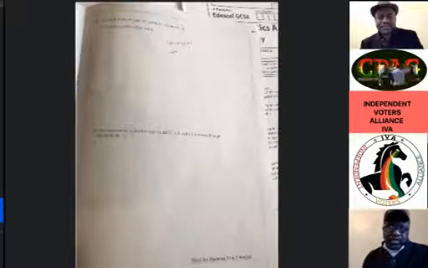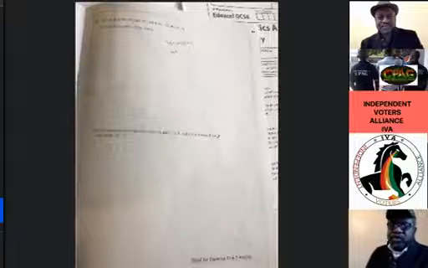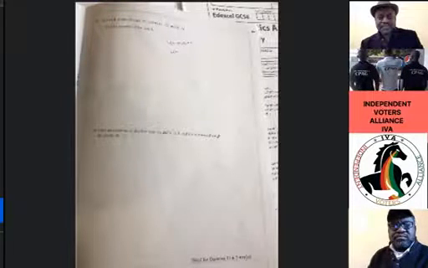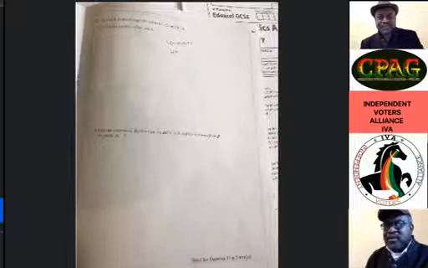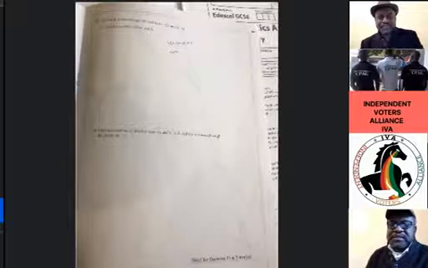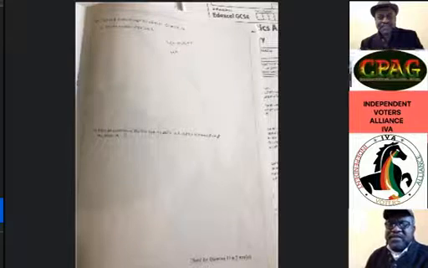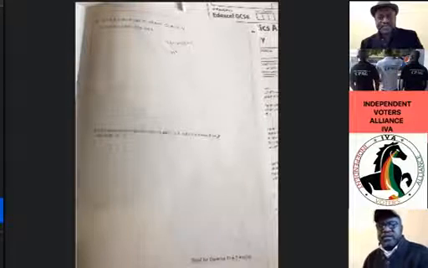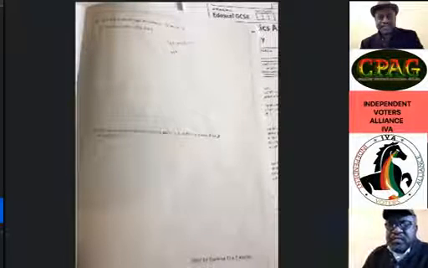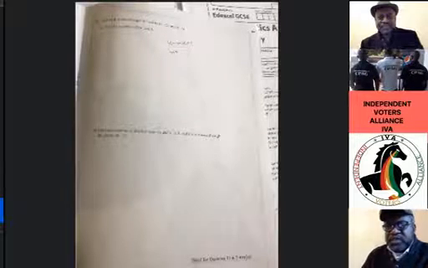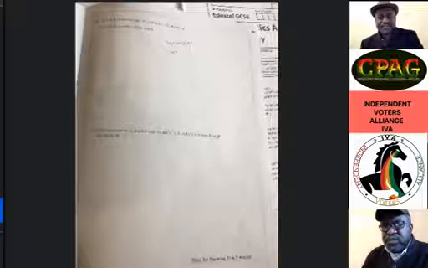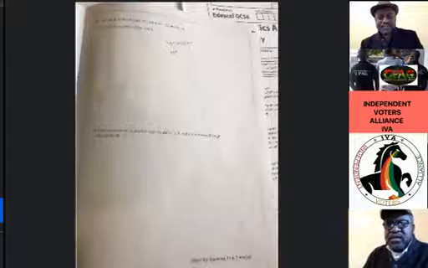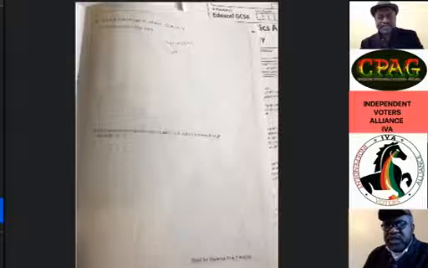Let me read the question quickly, then we will delve into the fundamentals of getting this y is equal to mx plus c equation. The question says: a line L passes through the points with coordinates (0, -2) and (6, 1). A, find an equation of the line L.